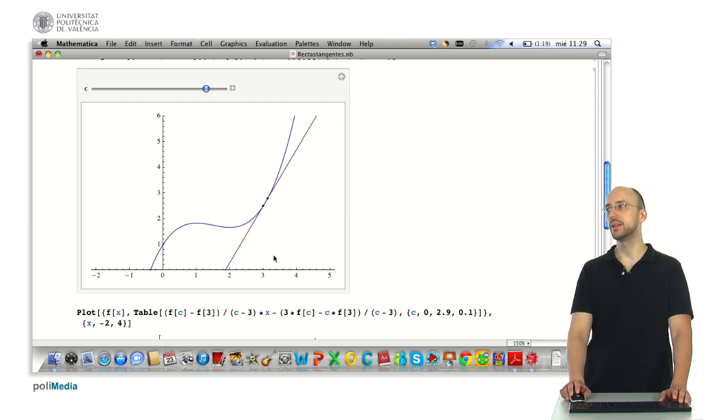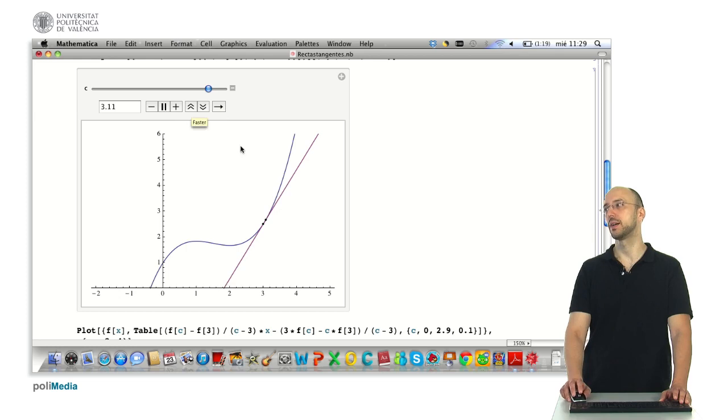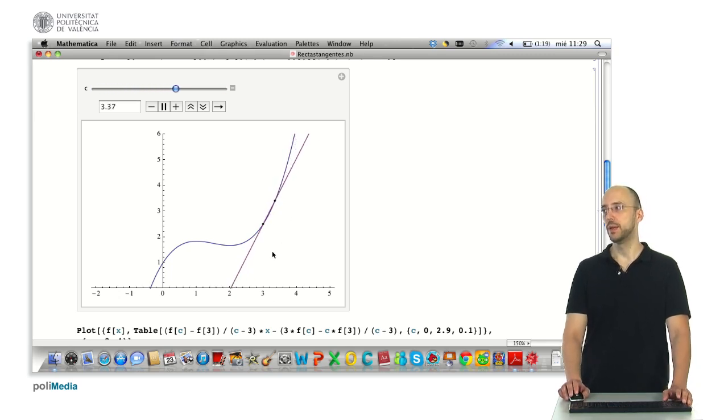What happens if now I approach from above 3 and go towards 3? You see, I get the same tangent line. The point is moving from 4 to 3, and the tangent line in both cases is exactly the same. This is what's happening. The important thing for today is that the slope of this tangent line in the end is the derivative of the function at that point.